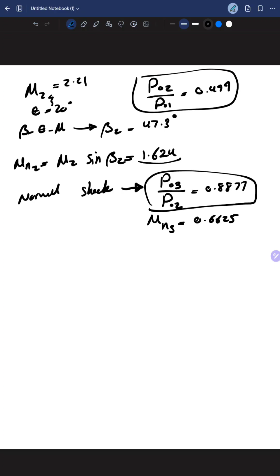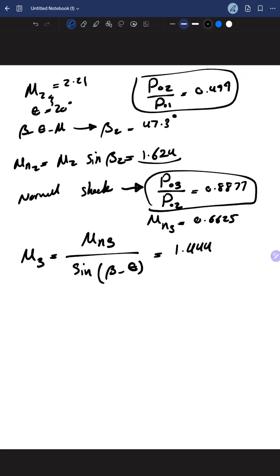And then we have another shock wave that is a normal shock, which means that we have to find M3 using the angles and the normal component divided by sine of beta minus theta. Plug all of the numbers in, we're going to have 1.44 as M3.